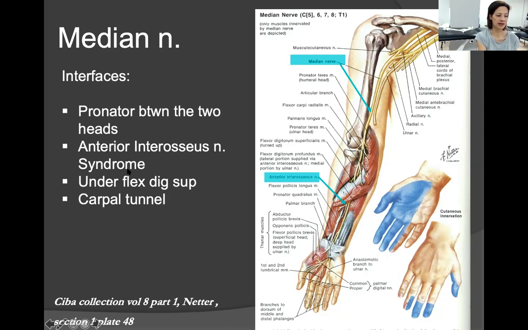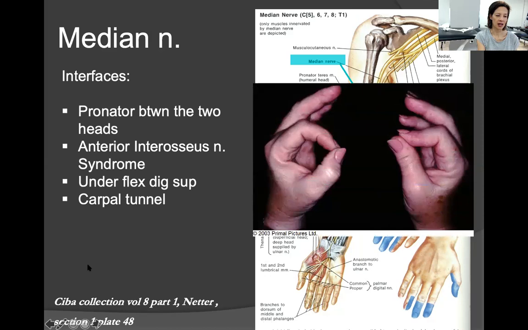So again, the interfaces: we've got the pronator, the anterior interosseous with the fascia, under the flexor digitorum superficialis, and the carpal tunnel. If it is impinged, then people cannot do that. You'll see they won't be able to create that sort of pinch, and it will do this.